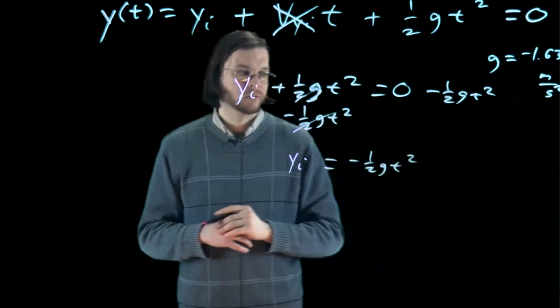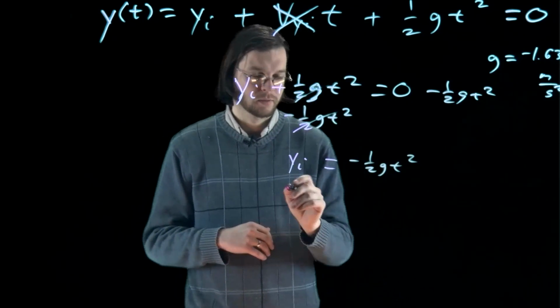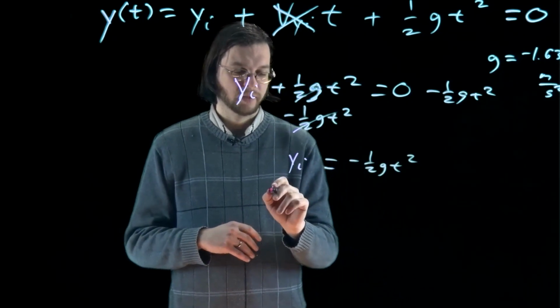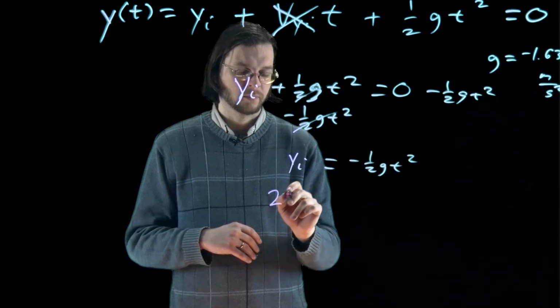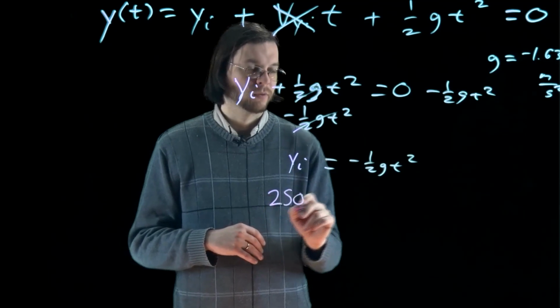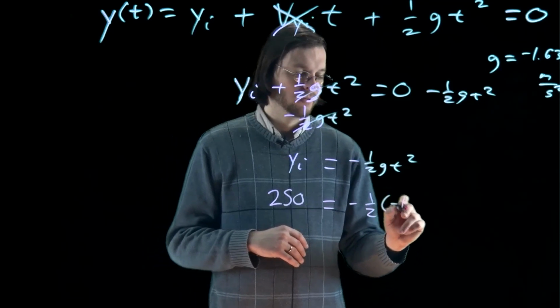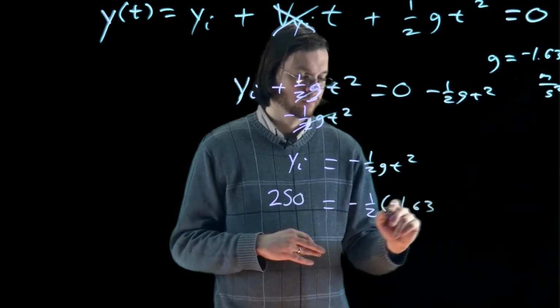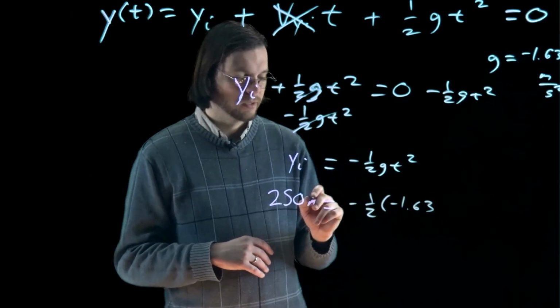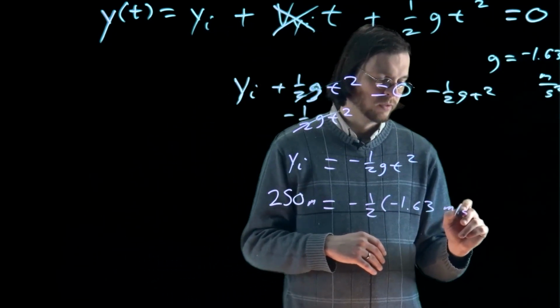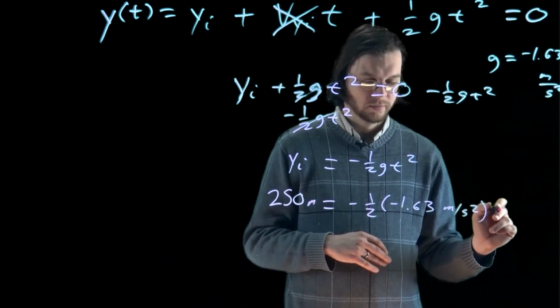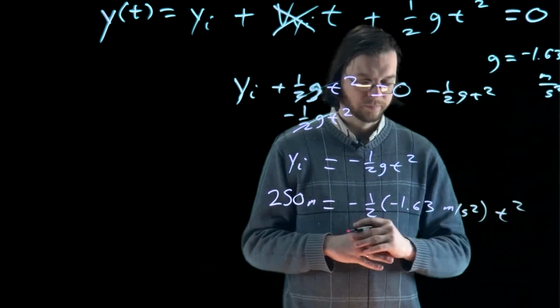And now I can go ahead and put in some numbers. The initial y value, the height, is 250, minus 1/2 times minus 1.63. Technically this is meters, and this is meters per second squared, times the time squared.